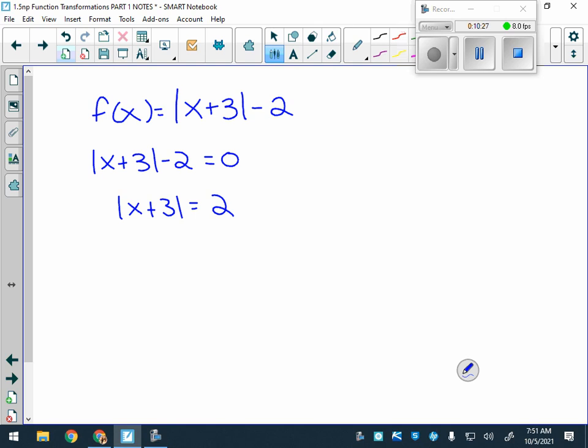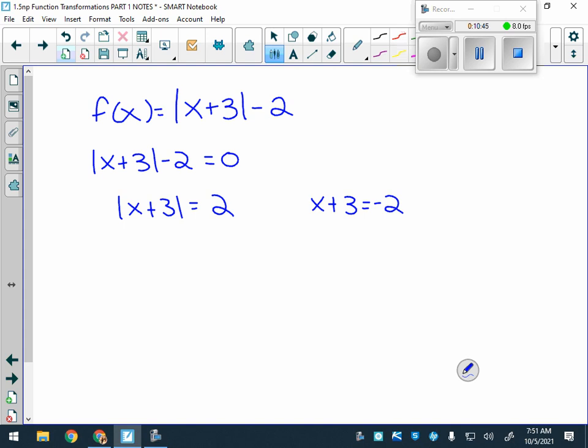You isolate the absolute value, and you set x plus 3 equals 2, and then x plus 3 equals negative 2. The reason is, the definition of absolute value is the distance from 0.